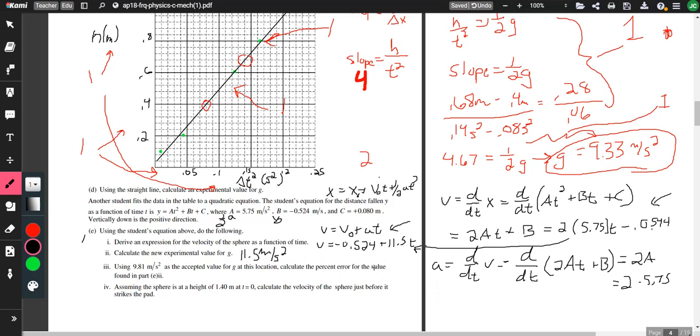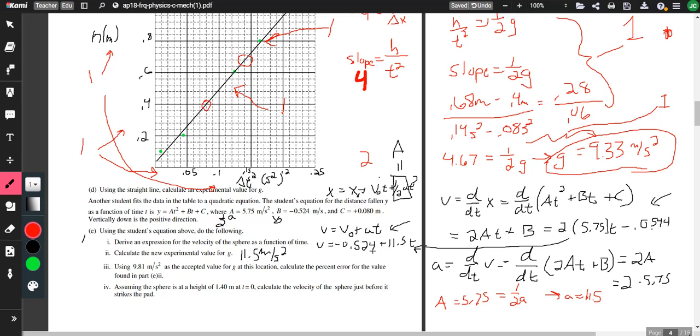I could do a similar trick that I did last time, where I compare this equation to the kinematics x equation and say that this is equal to a, and then say, since a equals 5.75, which equals 1/2 a, then that means little a has to equal 11.5.